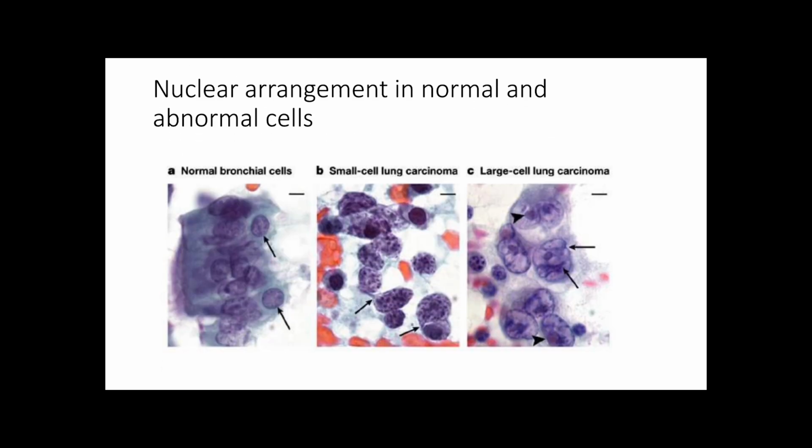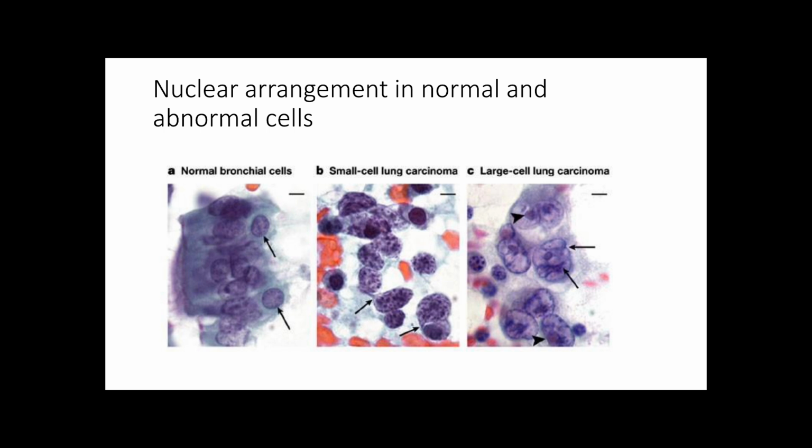Another one is the nuclear arrangement in normal and abnormal cells. Here, normal bronchial cells, in the first figure you can see the arrangement. You can see all the cells are in a similar place, the nuclei are arranged.